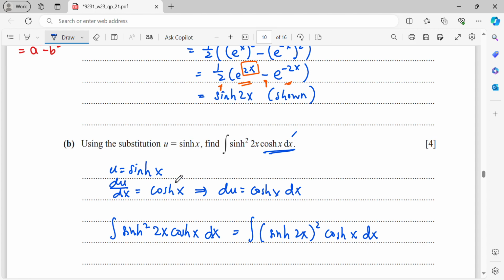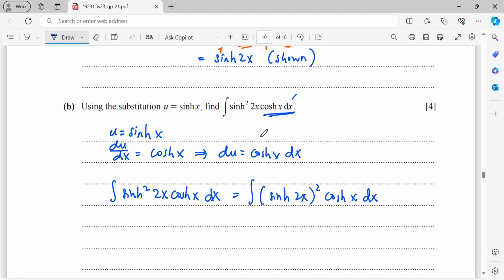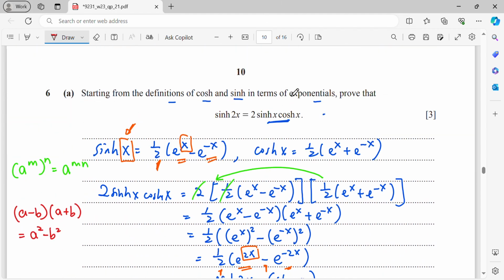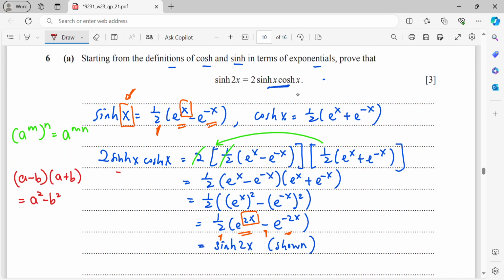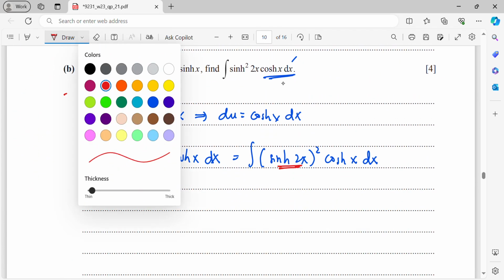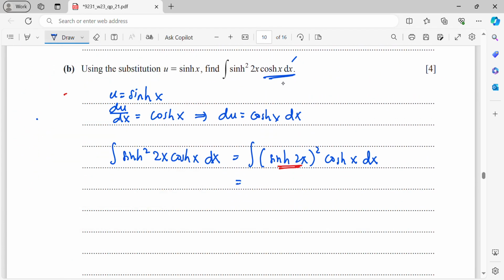Now, before I replace with u is sinh x, my sinh 2x here, I will change it to 2 sinh x cosh x. So replace first. So here is going to be 2 sinh x cosh x, you square it, then another cosh x dx.